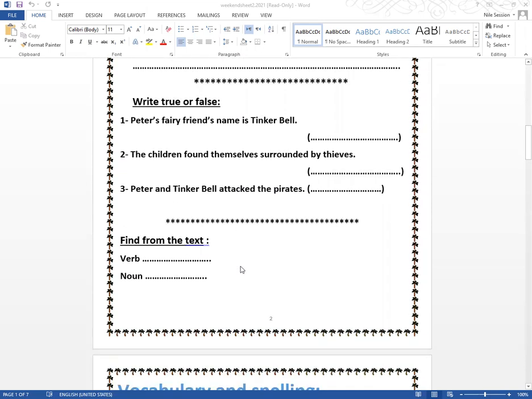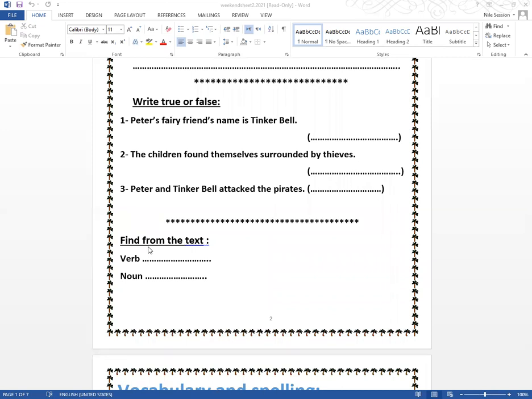Okay. Find from the text. I need a verb and noun. So you should read the text carefully, then try to find verb and noun. Verb, we said, what does it mean, verb?